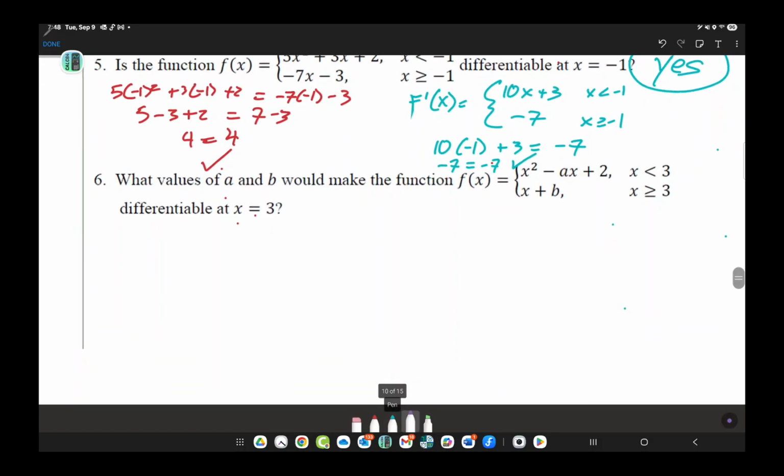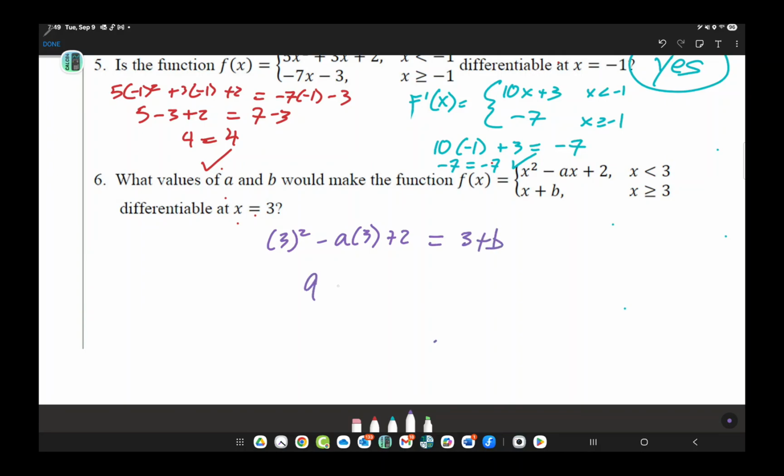All right. What values of a and b would make the function f of x equal this and be differentiable at 3? So first of all, it needs to be continuous at 3. So we're going to check what values we need for it to be continuous at 3. So we have 3 squared minus a times 3 plus 2 has to equal 3 plus b. All right.